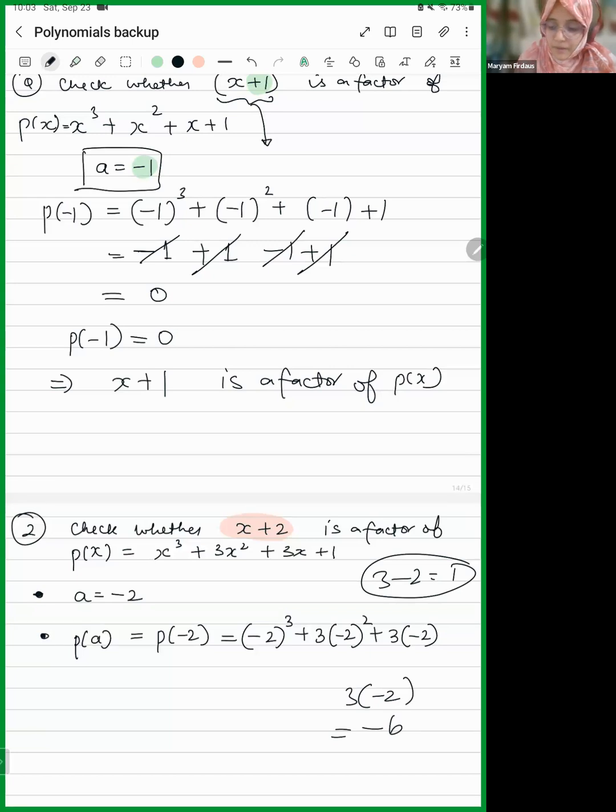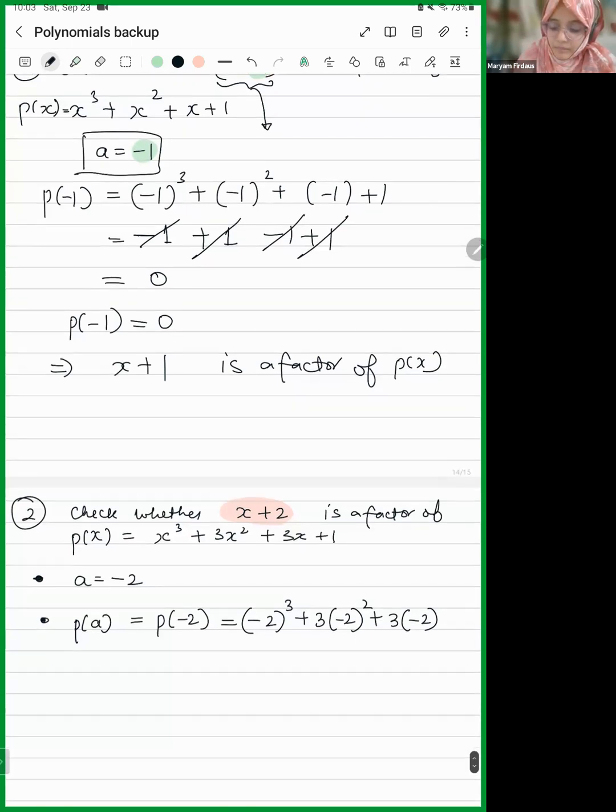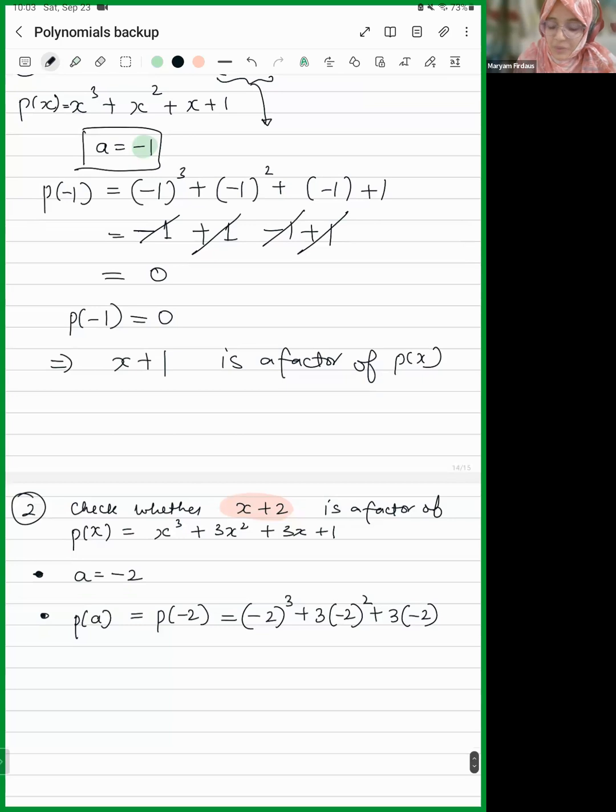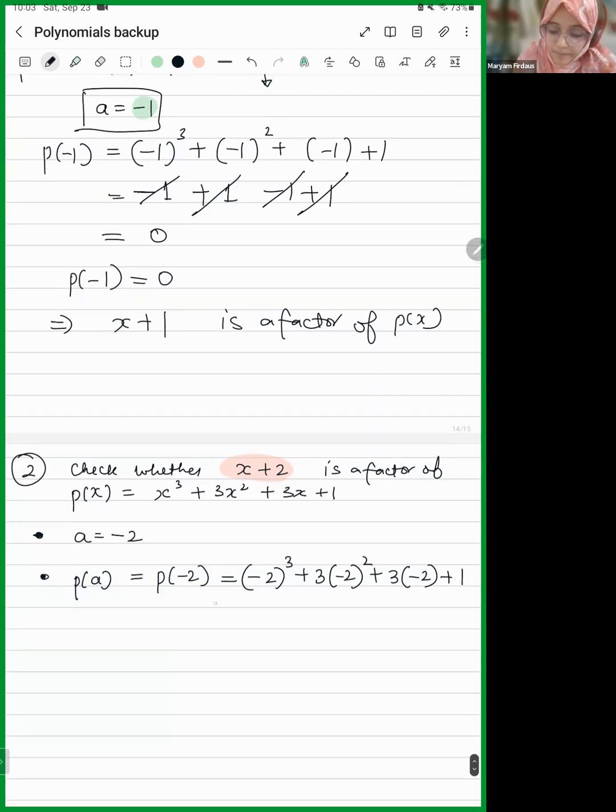Okay. Preshita, if you have solved, please let me know the answer in the chat box. Plus 1. Now, Zen, what will this become? What is minus 2 cube?